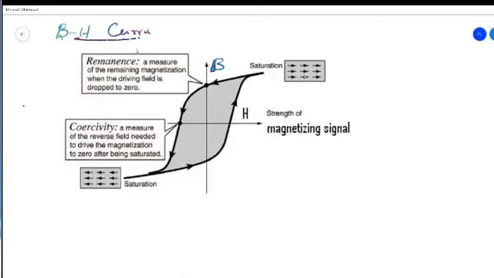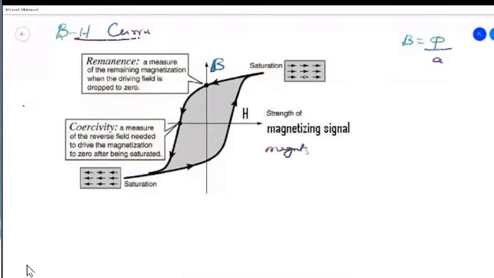It is basically a graph drawn between H and B. You know very well that the magnetic flux density is phi by A. So it is actually a graph between the flux density and the field intensity.